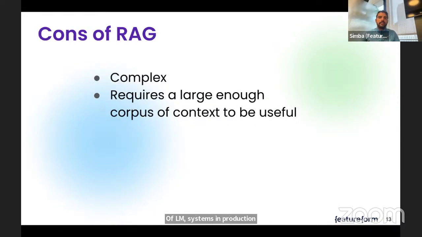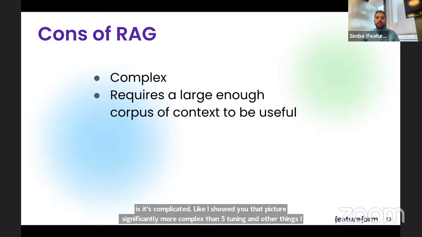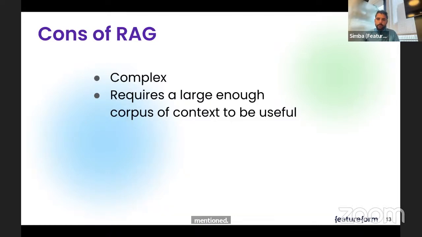Cons of RAG, one is it's complicated. Like I showed you that picture, it's significantly more complex than fine-tuning and other things I mentioned. Two is you need enough context for this to be useful. If you can't generate a relevant or useful context, then it essentially becomes a zero-shot issue.